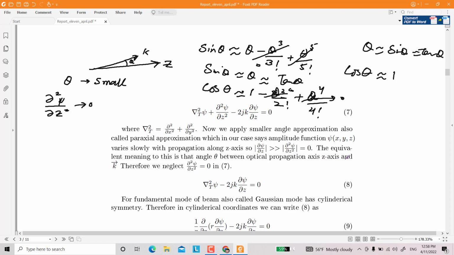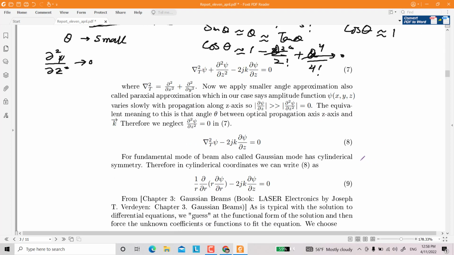So this is the paraxial approximation. If we ignore this term using this paraxial approximation, our equation becomes this. This is a very simplified form. This becomes relatively simpler than equation 7, right?